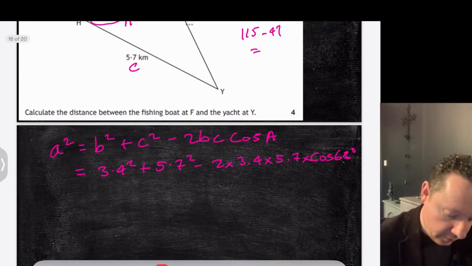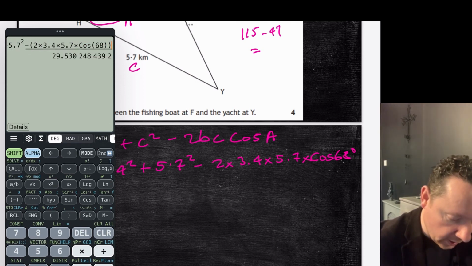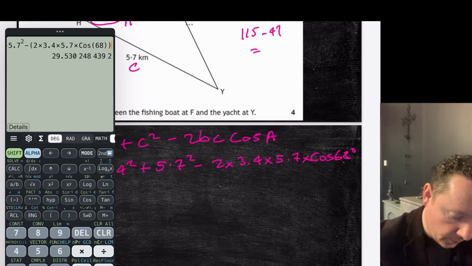Using a calculator then, 3.4 squared plus 5.7 squared minus, open brackets, 2 times 3.4 times 5.7 times cos 68, close the bracket for the angle and close the bracket for my own bracket, is 29.5302.